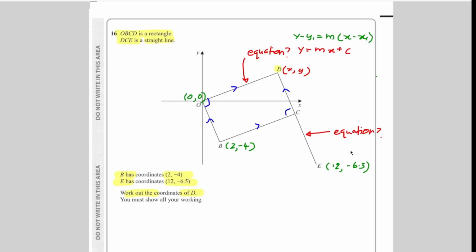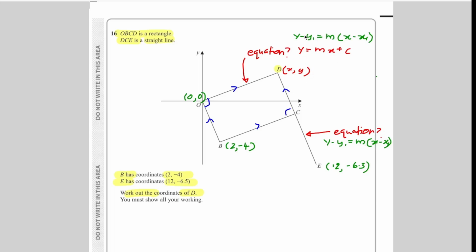This is easy. So the other format here, you need to have another equation. Same thing, y minus y1 equals m times x minus x1. If you don't know this one, this is totally fine. You can form the equation taking the y equals mx plus c format.